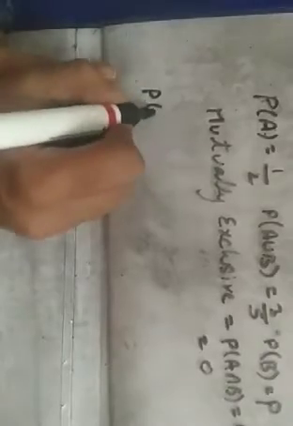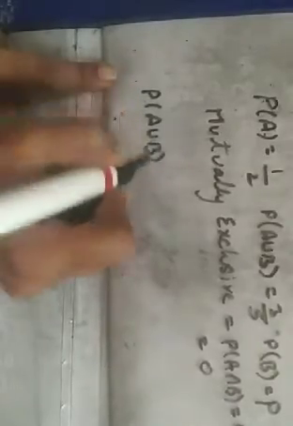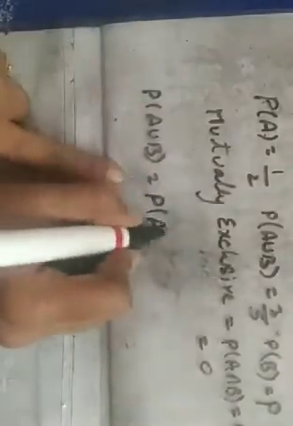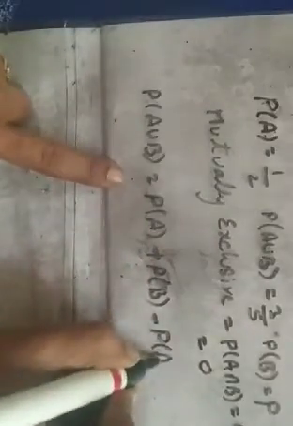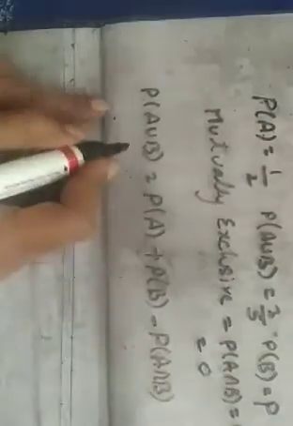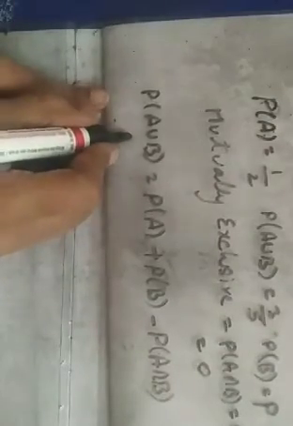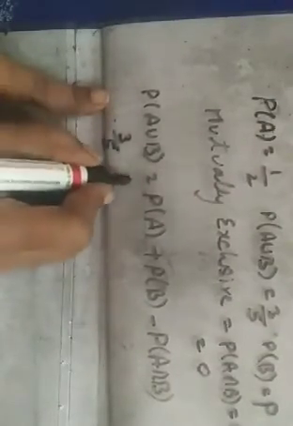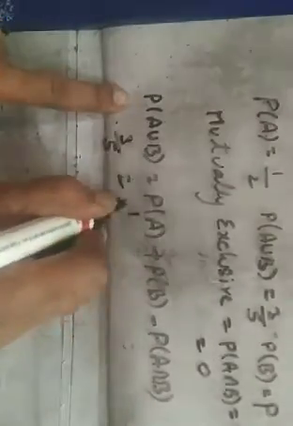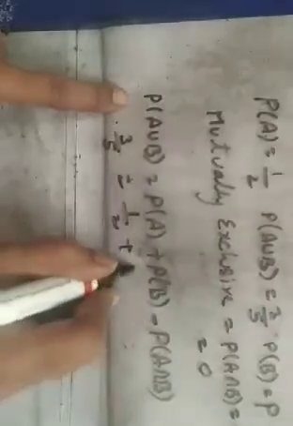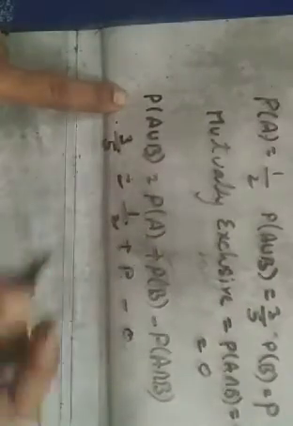So how to find the union? P of A union B is equal to P of A plus P of B minus P of A intersection B. What is the union value? Union value is 3 by 5. What is the P of A value? 1 by 2. P of B value is P, and the intersection is 0.